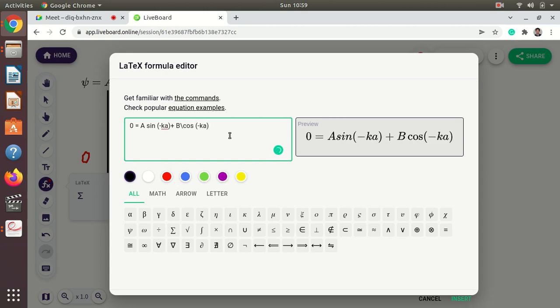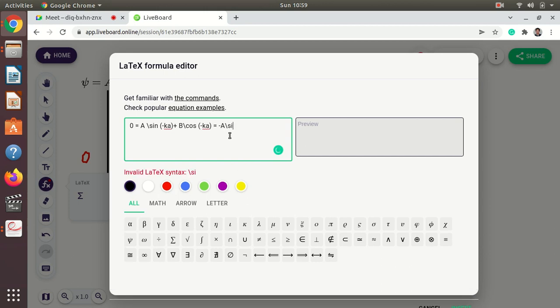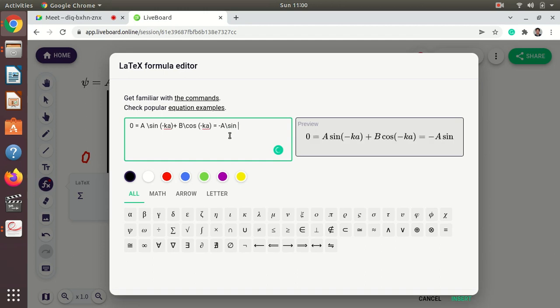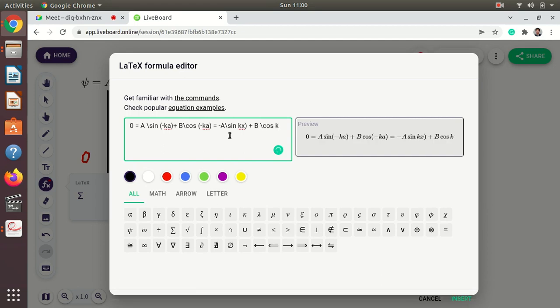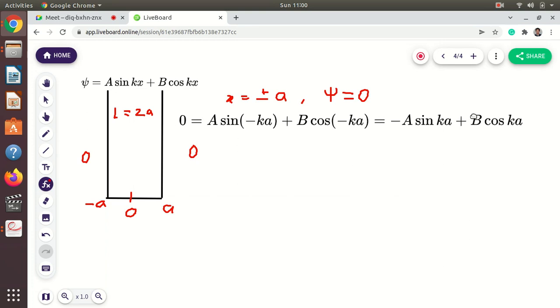Now you know sine of minus x is minus sine x, so this will become minus a sin ka. Plus cos: for cos it is the same, cos is an even function, so it is b cos ka. So this is the first condition, right?